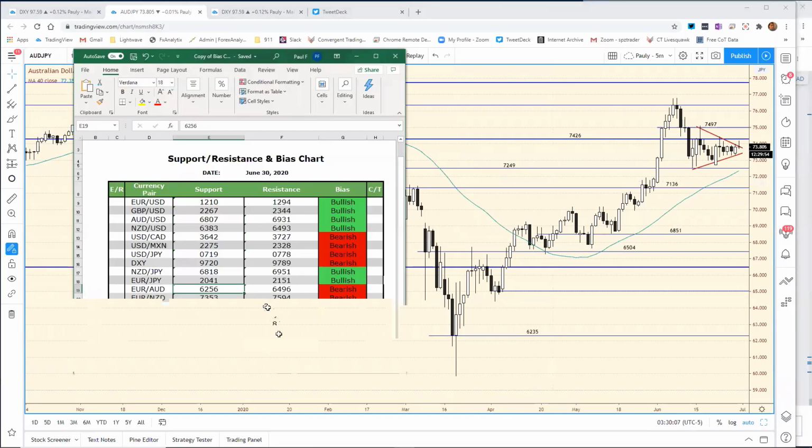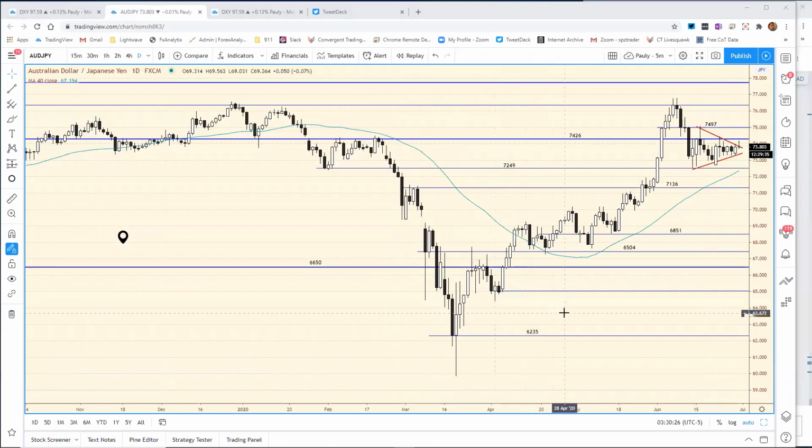Resistance is going to be 74.26. You can see that there, with the downside at 72.75. Trying to break a little bit, but not doing too well breaking out, though a little bit of a jab up there. No changes there on the Aussie yen. And with that, we'll move on to the guppy.